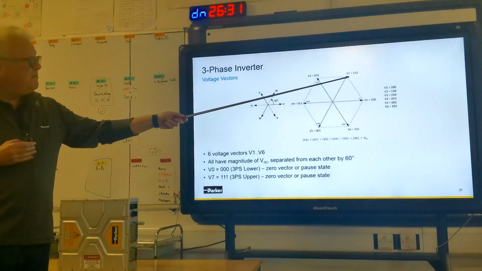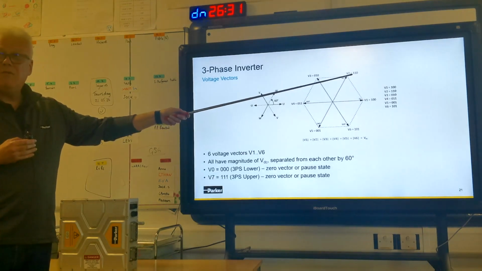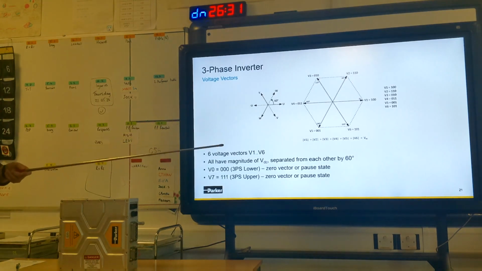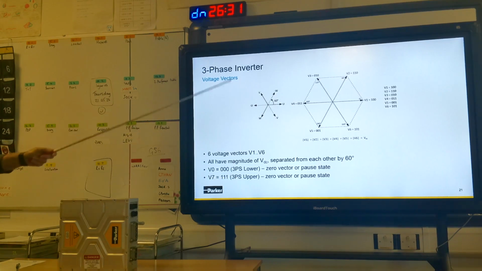With V2, just change that one to a 1 over there, and I could go to V7. And again, I could apply the voltage vector for a bit of time and then take it away again. And I could pulse width modulate these things as I'm actually spinning them round. That is actually a very legitimate way of making an AC supply out of a 3-phase inverter. It's called 6-step control.